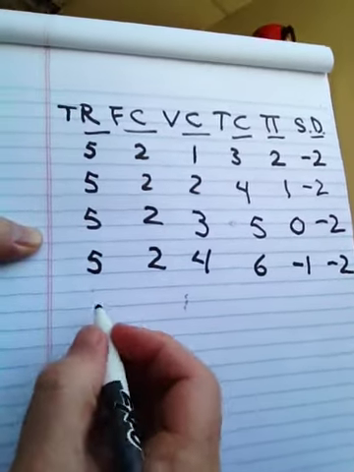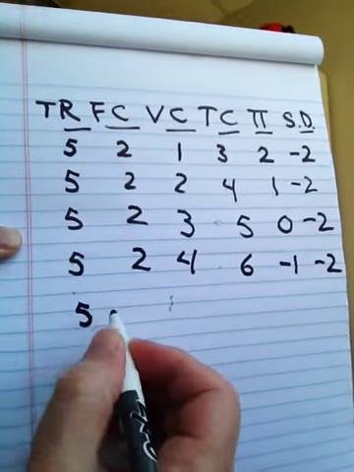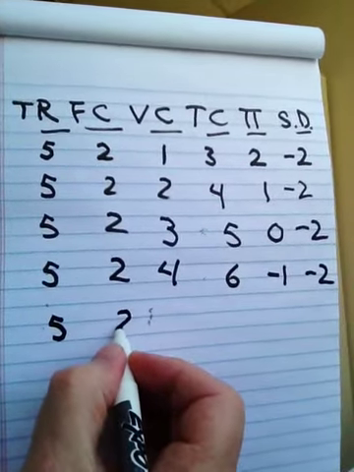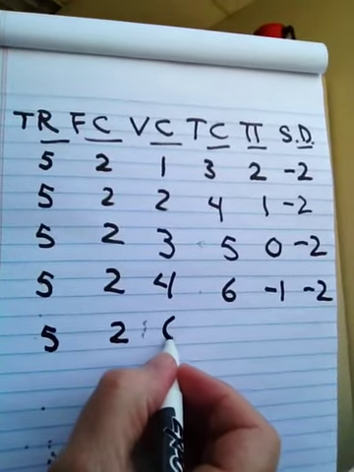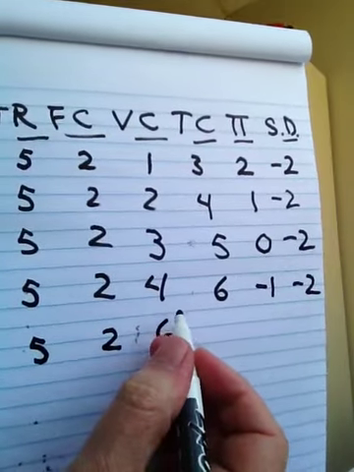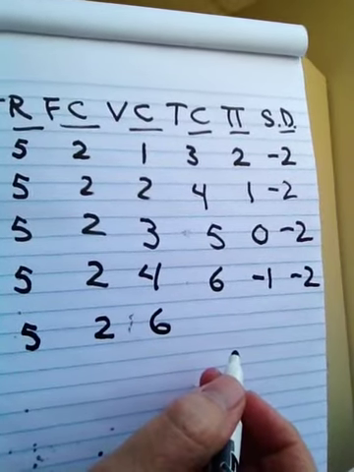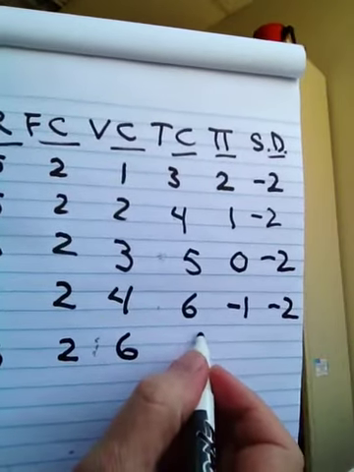Now let's jump one and go to here. 5. Fixed cost is 2. Let's let variable cost be 6. Instead of 5, we're jumping from 4 to 6 there. Total cost, 2 plus 6 is 8.